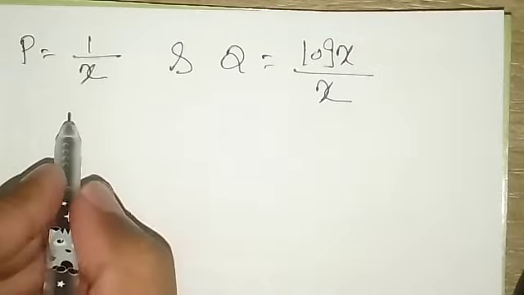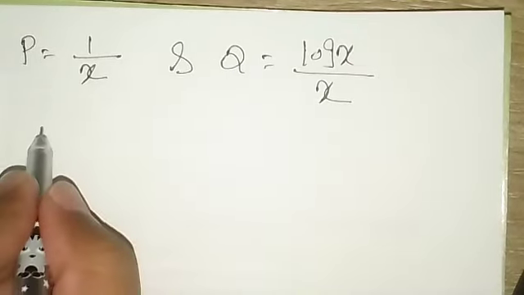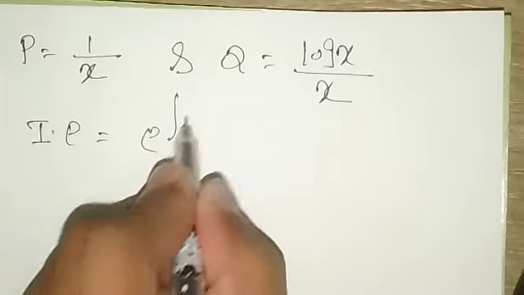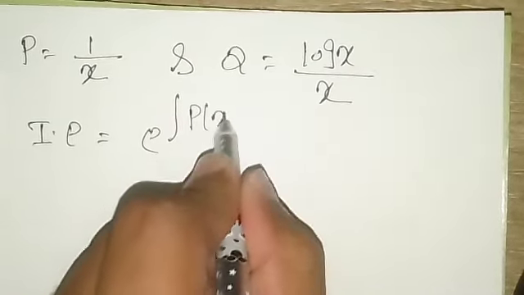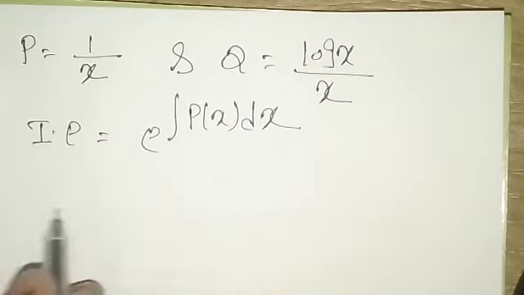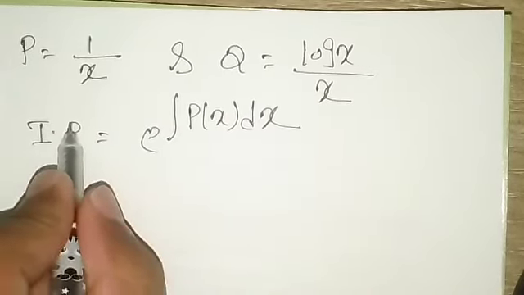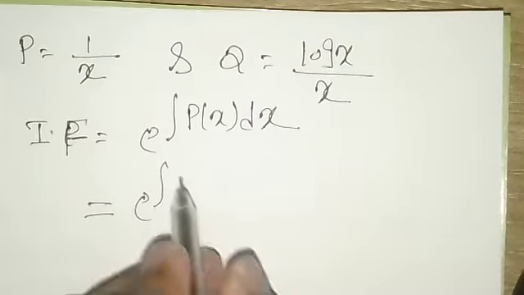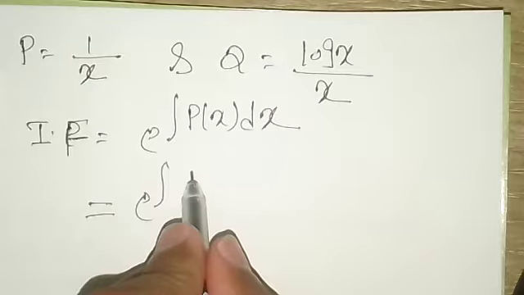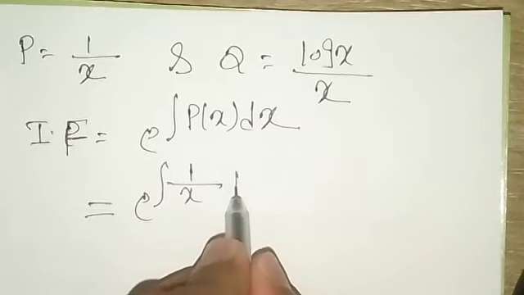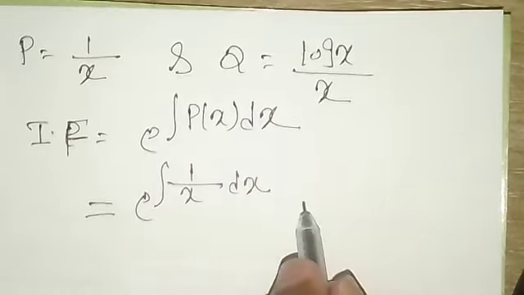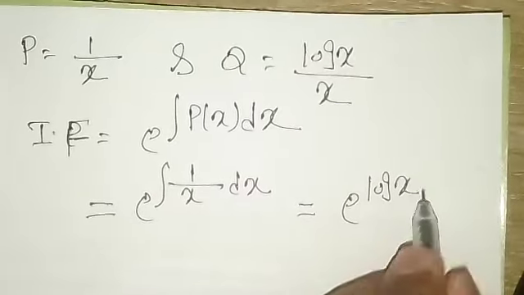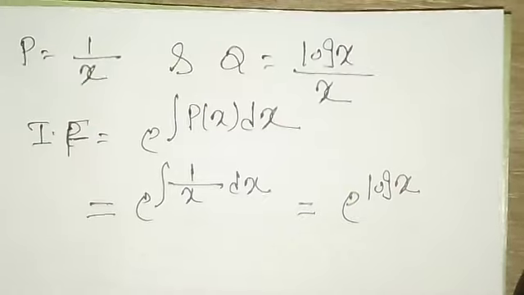Now, first of all, the working rule is that we have to get the integrating factor. The integrating factor is e to the power of the integration of p(x) dx. So that is the integrating factor, IF. The integration of p(x) is 1/x dx, so it becomes e to the power of log x, because the integration of 1/x is log x.